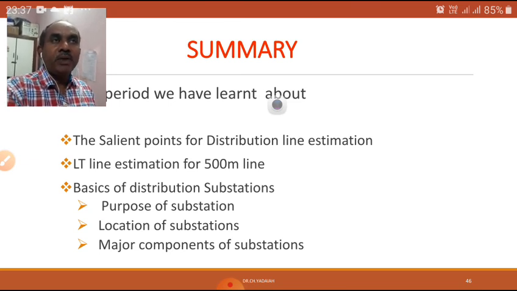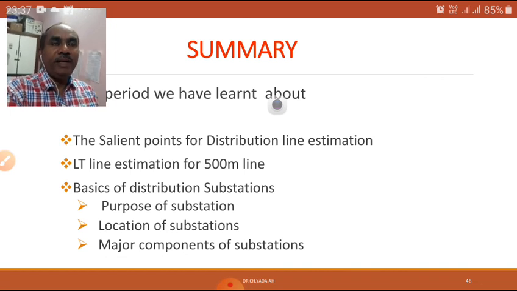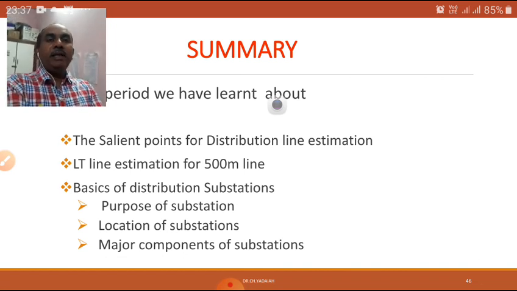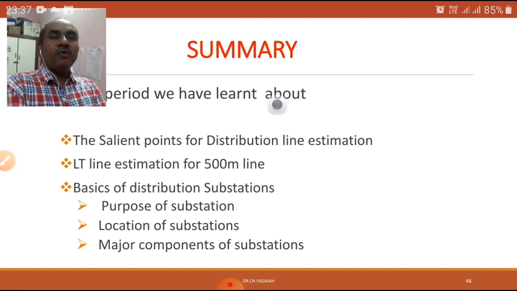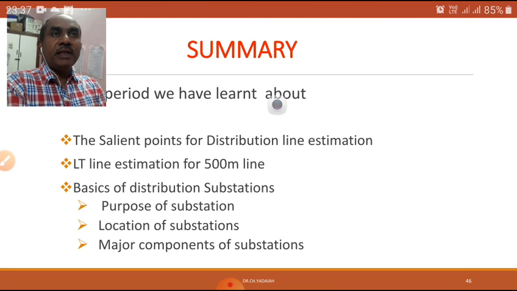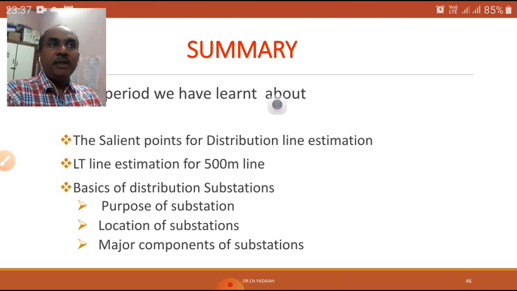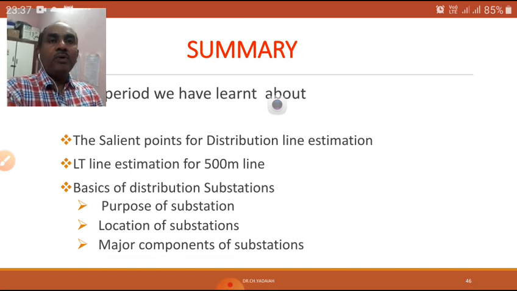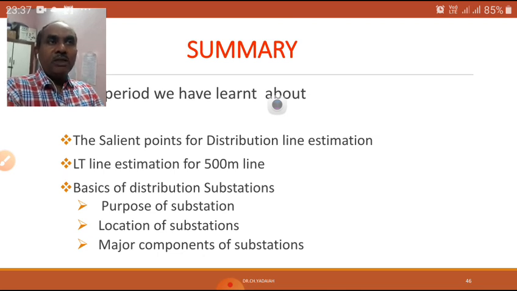At the same time we also saw the major components of any substation, from a 400 kV substation to the 11 kV by 400 volt pole mounted substation. What are the main components required? What is the purpose of those components?